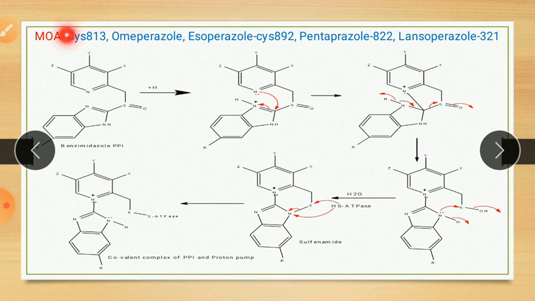So cysteine 813 is the main target, but omeprazole and esomeprazole also inhibit cysteine 892, pantoprazole inhibits cysteine 822, and lansoprazole inhibits the cysteine at position 321. So these are the main targets of different drugs.